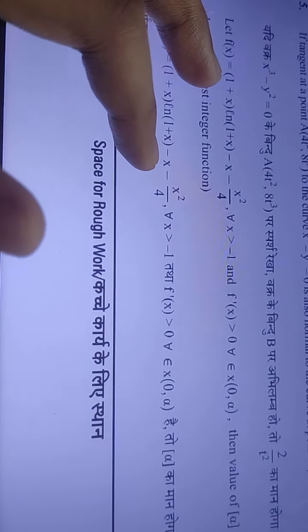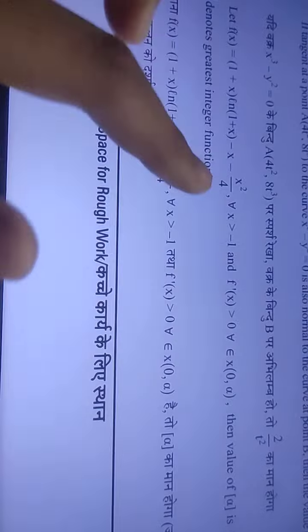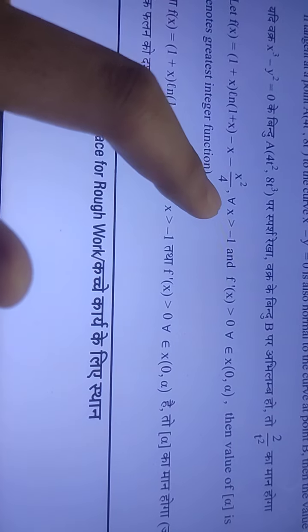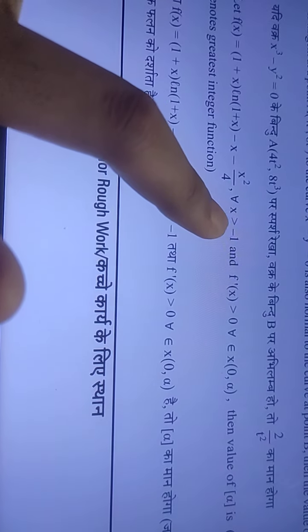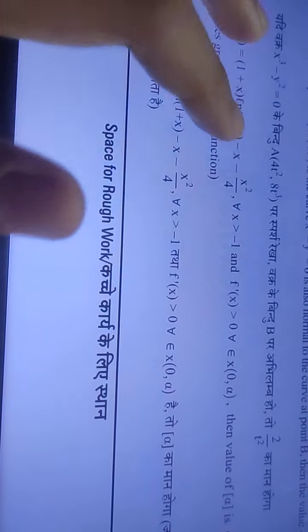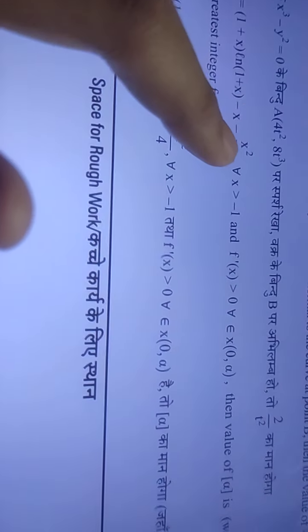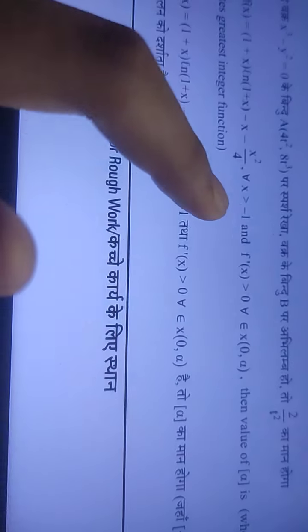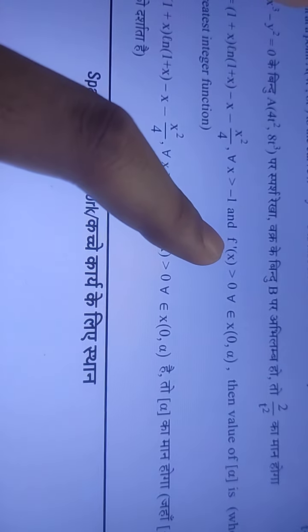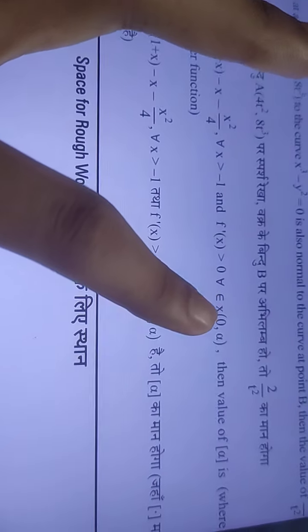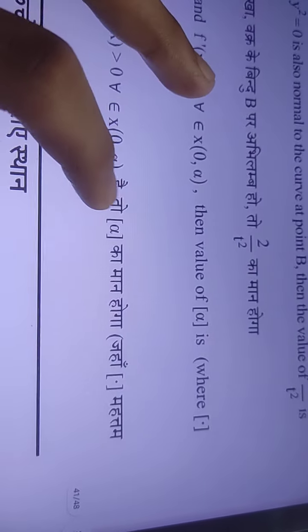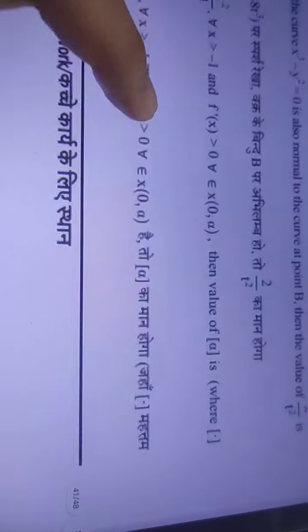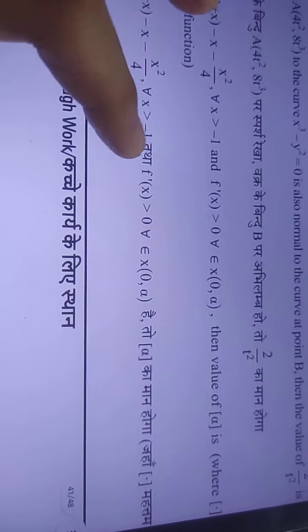So what is the question? Let the function be given for all x greater than -1. For this function, understanding of the question is very important, and use of data is very important here. So f dash x is greater than 0 for all x belonging to (0, alpha), and we are asked the value of GIF of alpha.